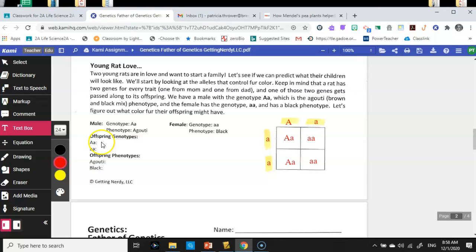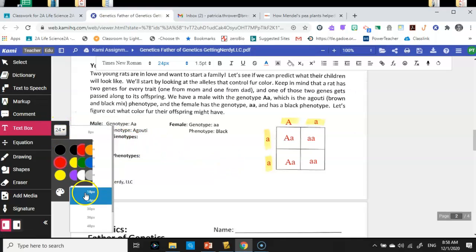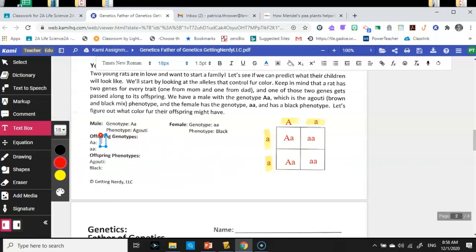So if you break that down into percentage, half are going to be heterozygous and half will be homozygous recessive. So 50% will be this one, and the other 50% will be that one.